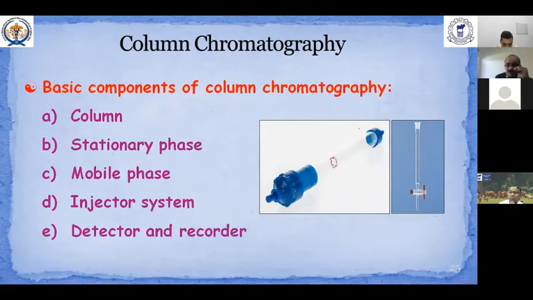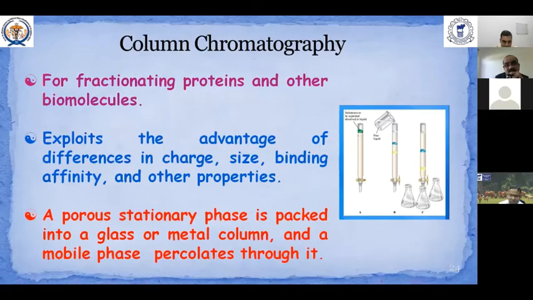When the mixture of analyte is applied on the top of the surface as a narrow band, and the mobile phase percolates through the solid matrix, this mobile phase moves as an ever expanding band and separates the analytes present in the mixture.